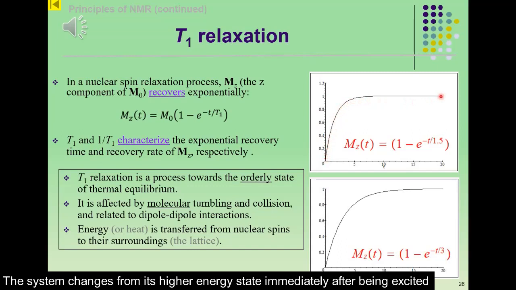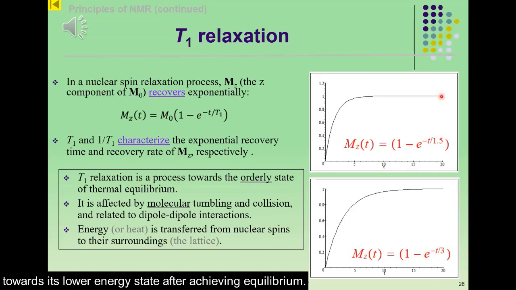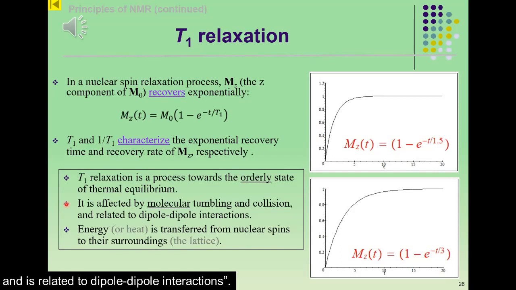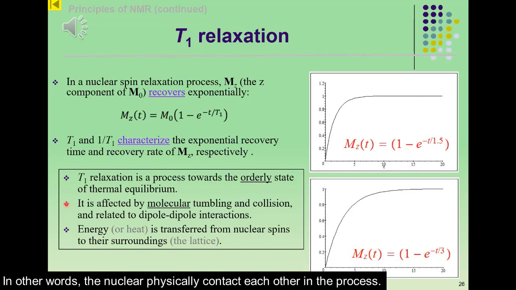The system changes from its higher energy state immediately after being excited towards its lower energy state after achieving equilibrium. The second statement says that it is affected by molecular tumbling and collision, and is related to dipole-dipole interactions. In other words, the nuclei physically contact each other in the process.